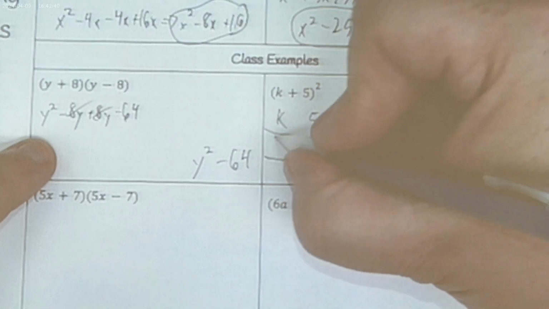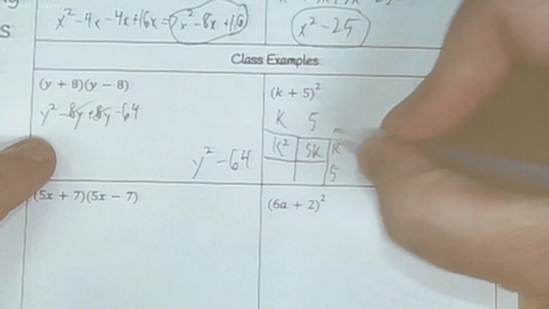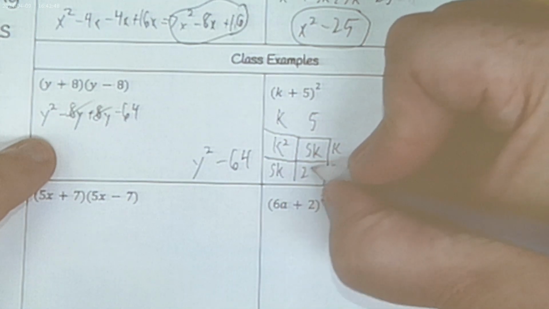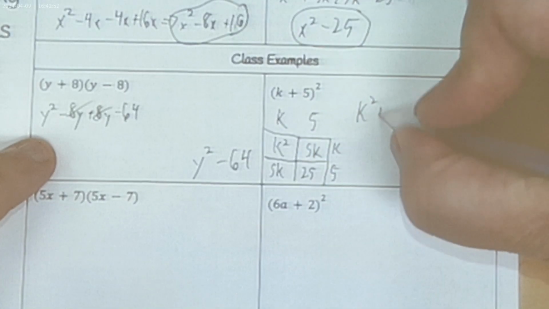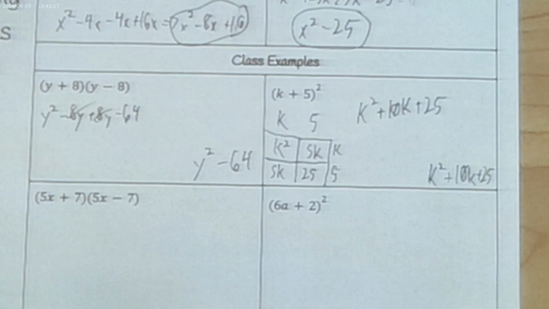So k times k is going to be k squared. K times 5 is going to be 5k. 5 times k is going to be 5k. And 5 times 5 is going to be 25. K squared plus 10k plus 25. Well, all right then.